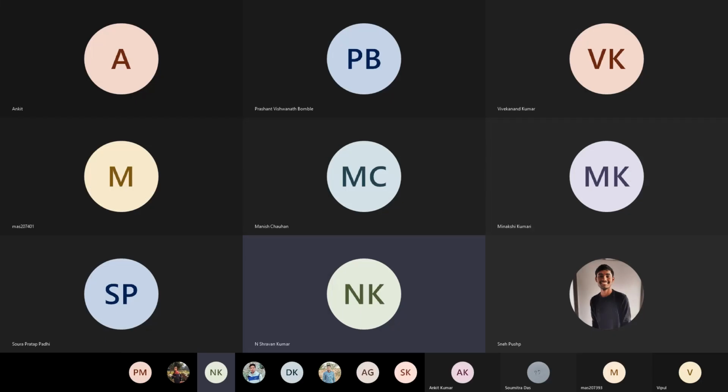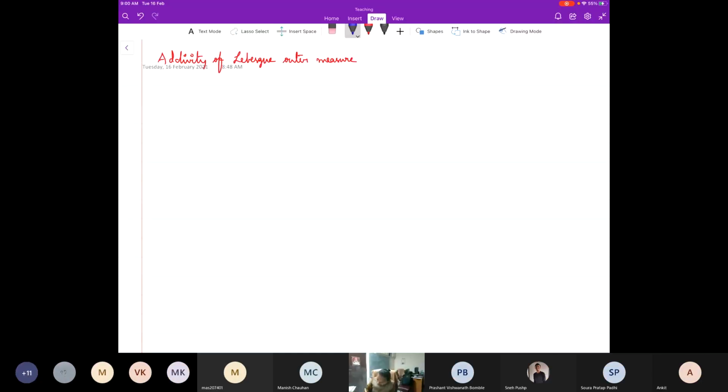We introduced what is known as the concept of Lebesgue outer measure, which we denoted as m star. For E a subset of R, m star of E is defined as the infimum over the sum of the lengths of the intervals I_n such that E is contained in this union.